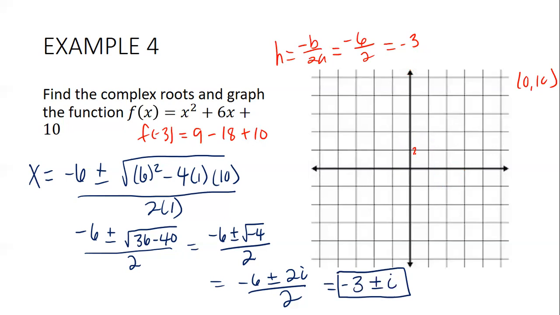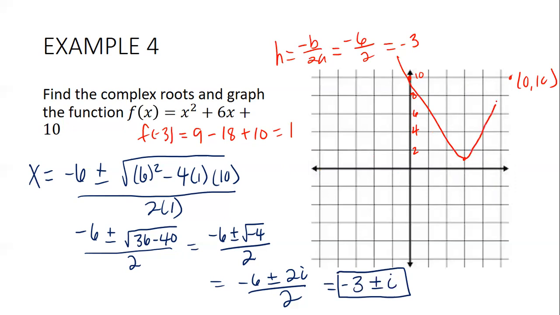There we go. We're going to count by 4s. 2, 4, 6, 8, 10. I'm going to graph my vertex, and we just got that this is at 1. So I'm going to go to negative 3, 1. I'm going to go to 0, 10. And I can reflect that over here.